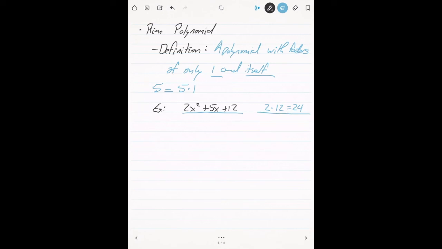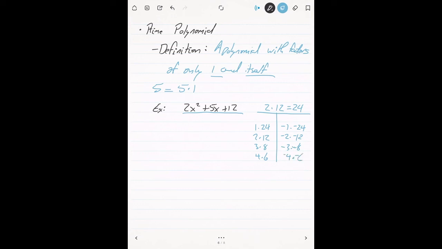Let's list the factors of 24. 1 and 24, 2 and 12, 3 and 8, 4 and 6. But don't forget we could also list the negatives, negative 1 and negative 24, negative 2 and negative 12, negative 3 and negative 8, and negative 4 and negative 6.